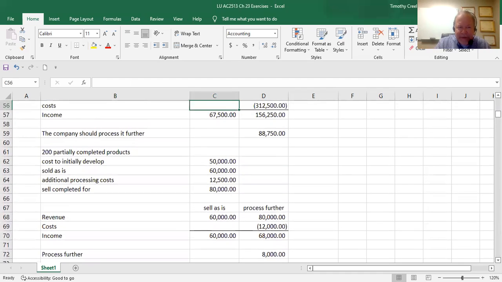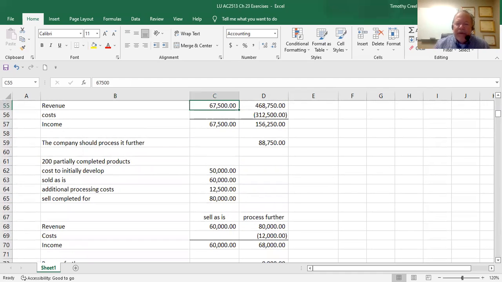From a qualitative standpoint, sometimes the decision might be made on something other than just this information. What if a company needs cash very quickly? They might be forced to sell as is in order to get the cash much sooner, because it's going to take more time to process further and more time to sell the product and get cash flows coming in.